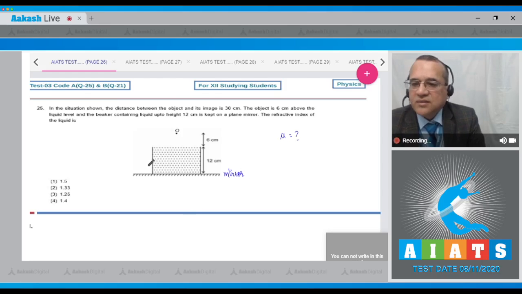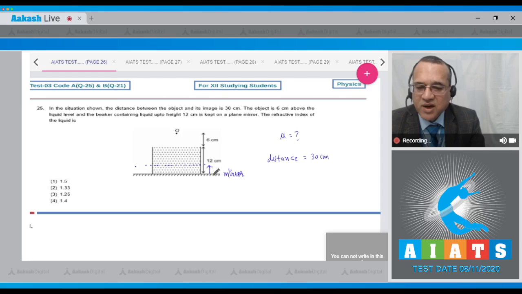Now dear student, the distance between the object and its image is 30 centimeter. Now for this object, this mirror will form the image. But see, from here, the mirror position will shift due to the refraction. So the mirror comes to this point, and how much is this shift?